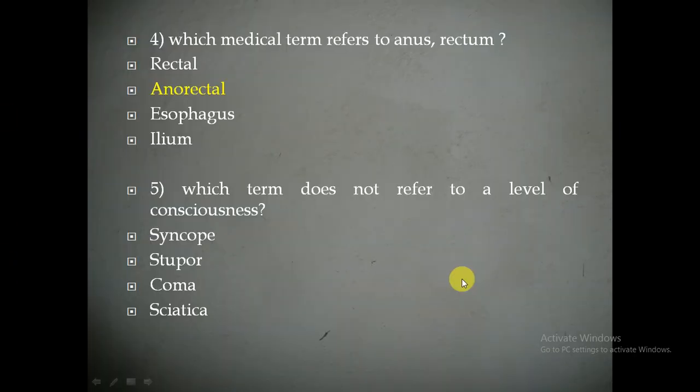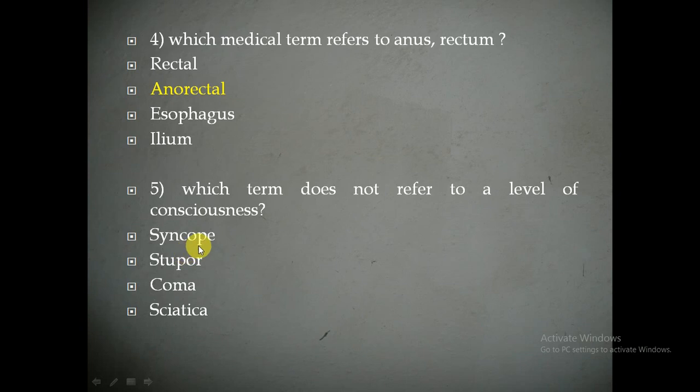Which term does not refer to a level of consciousness? There are some words related to level of consciousness, but there is one option which is nowhere related to it. I am reading out the options: syncope, stupor, coma, sciatica.